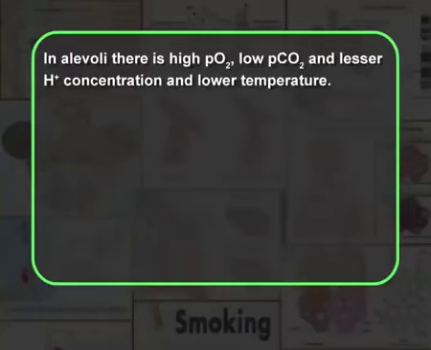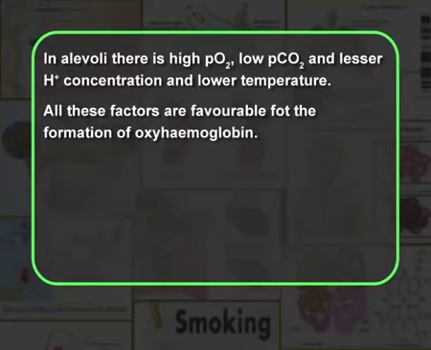You must understand that in alveoli there is a high partial pressure of oxygen, low partial pressure of carbon dioxide, lesser hydrogen ion concentration and lower temperature. All these factors are favorable for the formation of oxyhemoglobin.